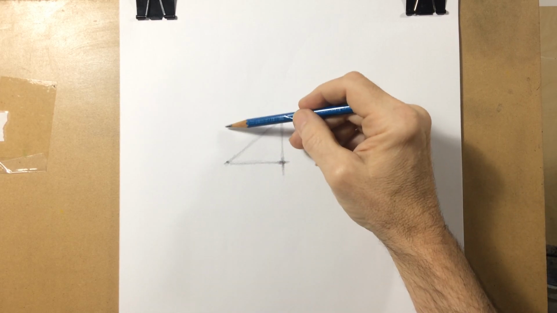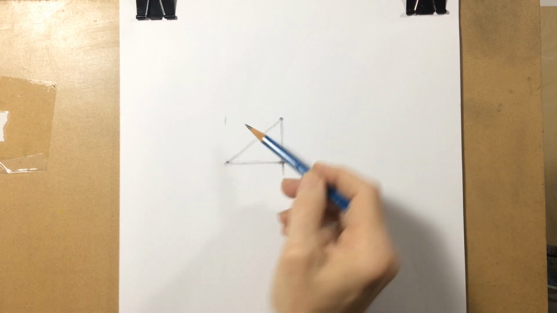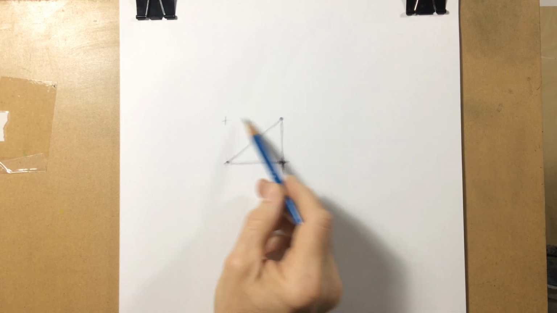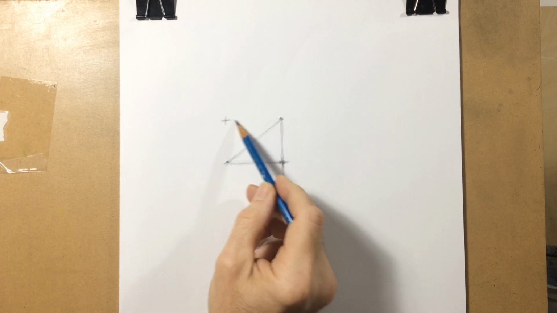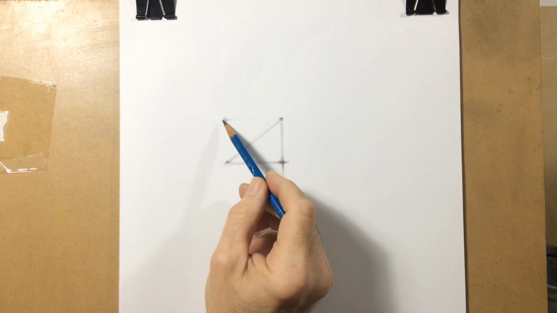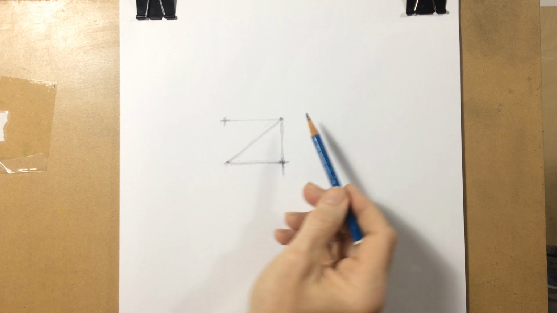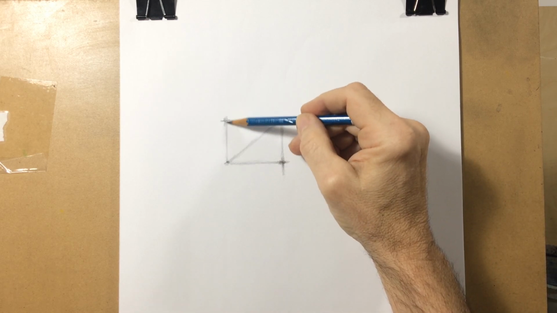And then I'm going to complete this other point over here, this other implied point that would complete this as a rectangle. Do the same idea. Make a couple crosshair points. Give myself a target.